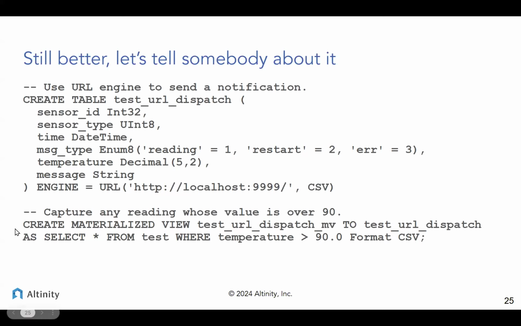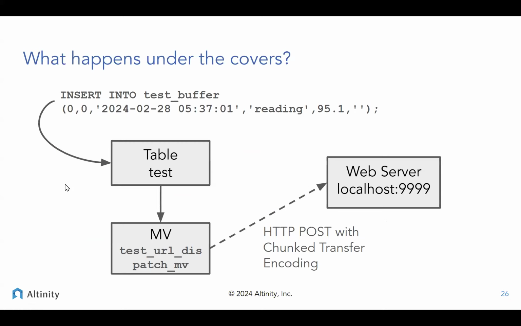And then we'll create a materialized view, which whenever something arrives in test where the temperature is greater than 90, we're going to send a CSV record to this website, which is, as you can see, just running on the local host, but it could be anywhere. And it could be HTTPS. It's pretty tolerant as long as it has certificates. So what does that look like? Well, basically like this.